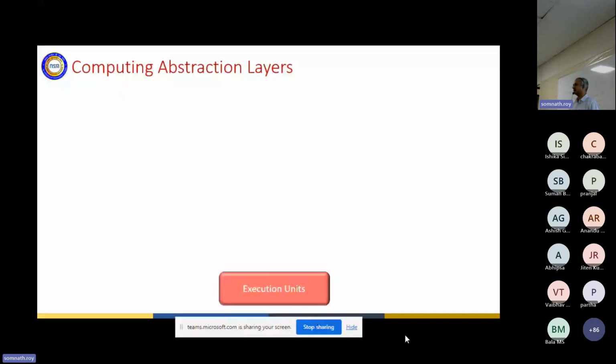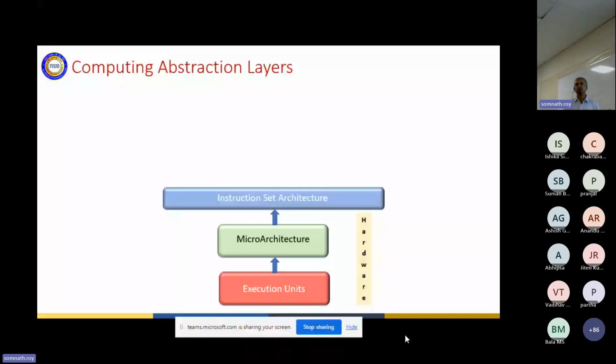So starting with somebody was asking about the execution unit. Above that there is a microarchitecture, and above it is the interface. These two things are in the hardware, and this is the interface, the instruction set architecture, which is the interface between the software and the hardware.